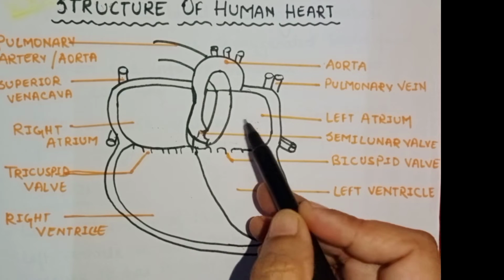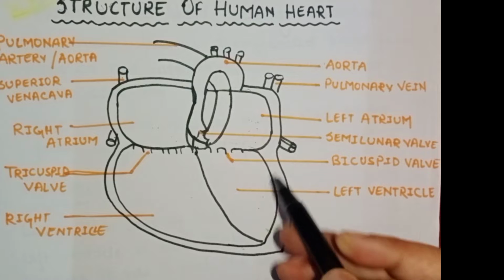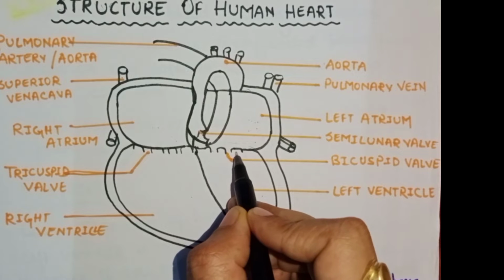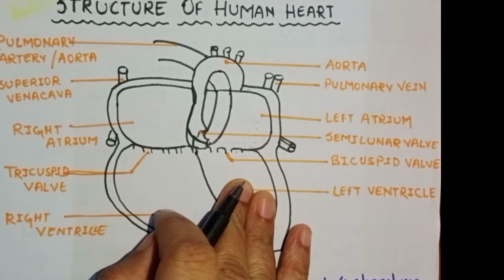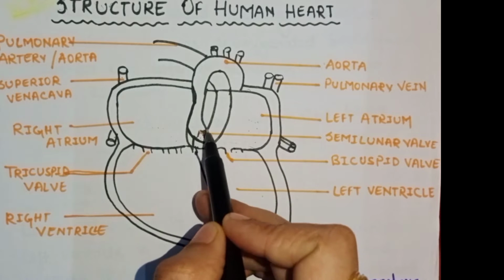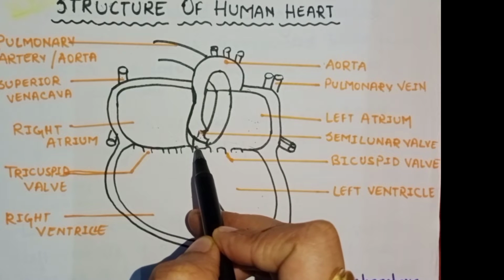The left atrium, which opens to the left ventricle, is guarded by the bicuspid valve, and from the left ventricle emerges the aorta, which is guarded by a semilunar valve.